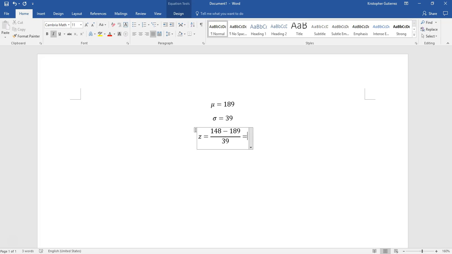That will get us 148 minus 189 divided by 39, negative 1.05.